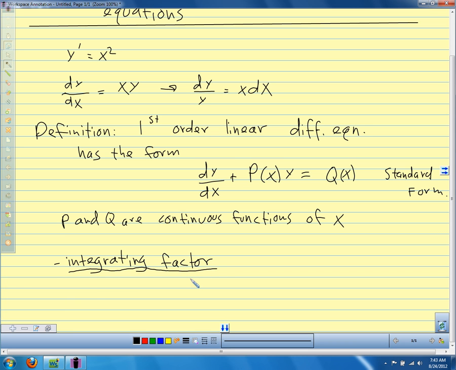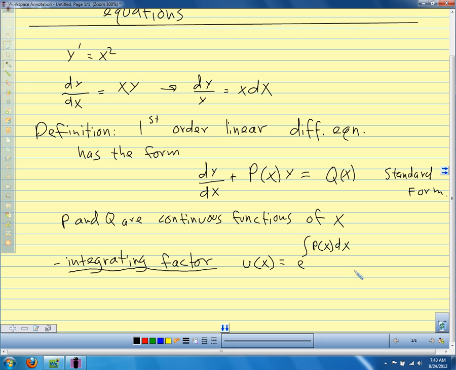Our integrating factor u of x is e to the integral of p of x dx. So this is going to be one key in our solution of this differential equation.